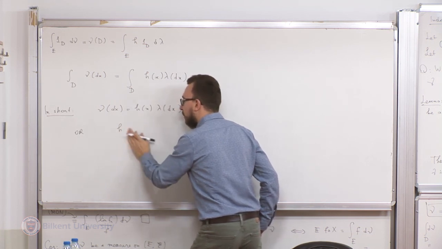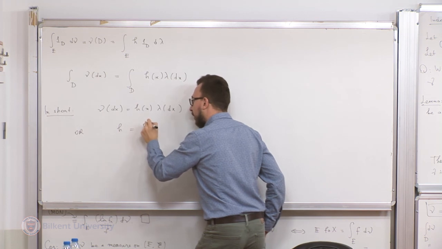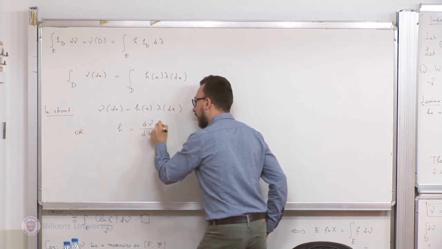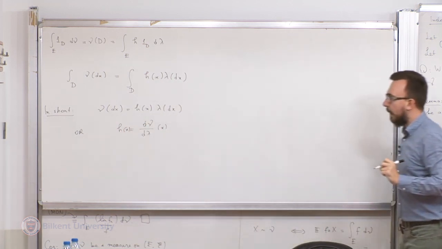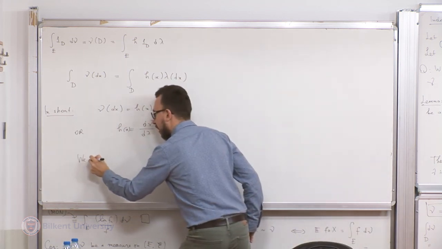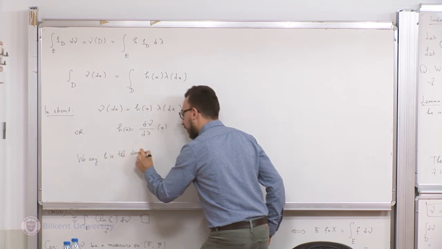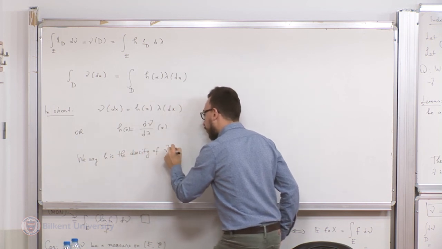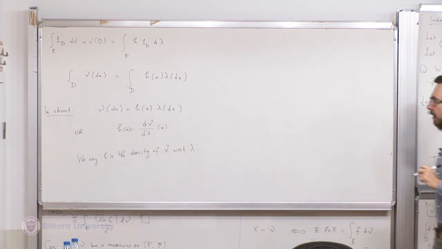Or let me write it this way, h is d nu over d lambda at x. And we say h is the density of nu with respect to lambda.